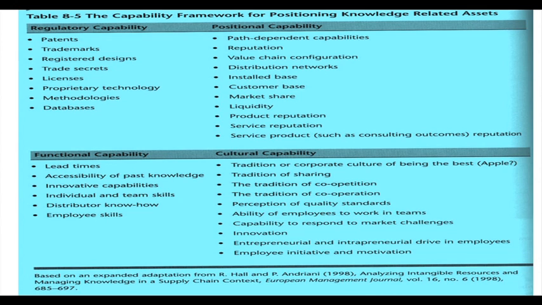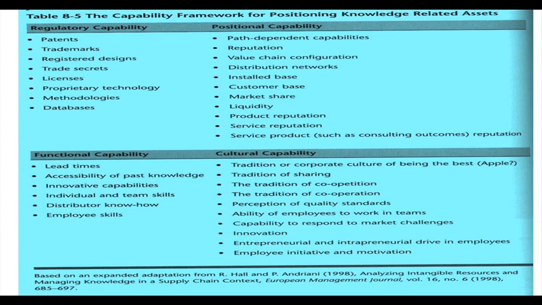Then the kind of culture or relationships that you have, the kind of processes that you have, functional capability, how you perform certain things, right, that is related to the knowledge and skill base. So, basically it talks about the intellectual capital, okay, in different forms related to the organization. Okay.